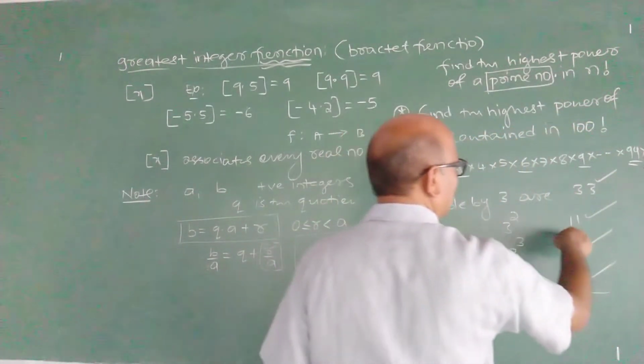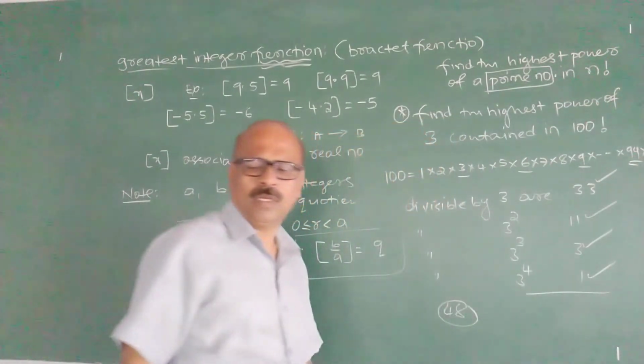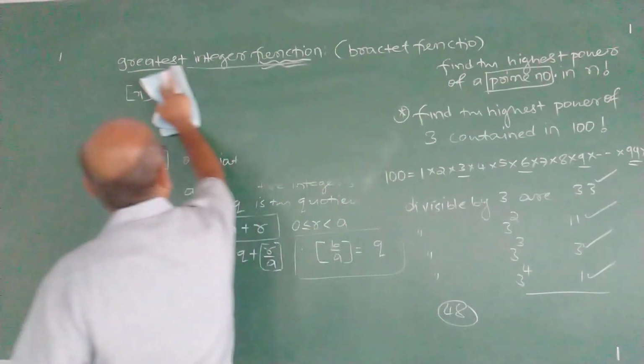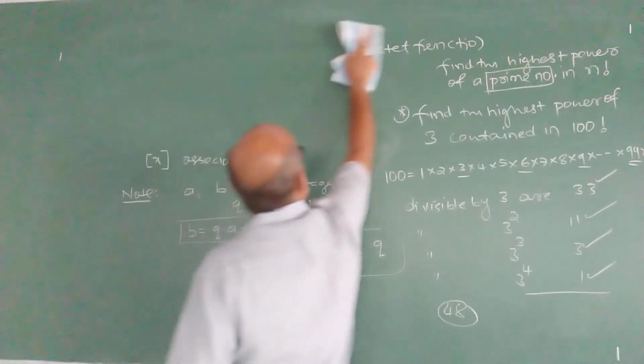Total: 44, 47, 48. So the highest power of 3 contained in 100 factorial is 48.